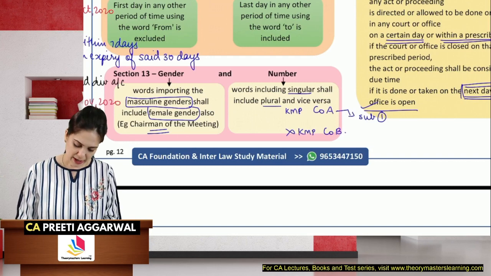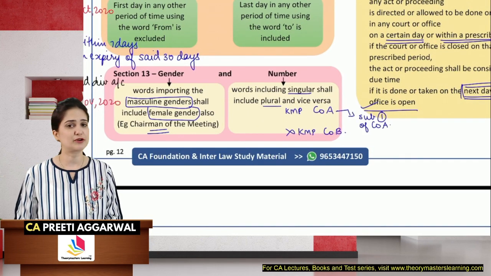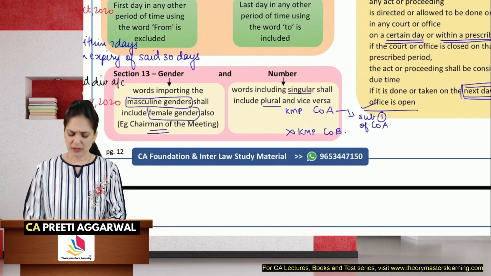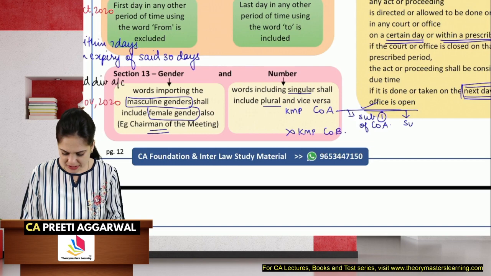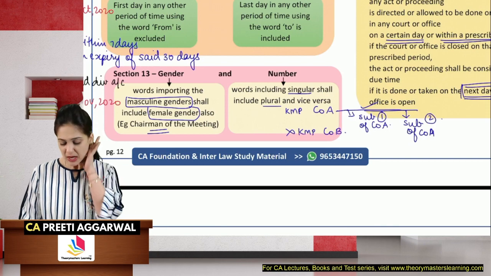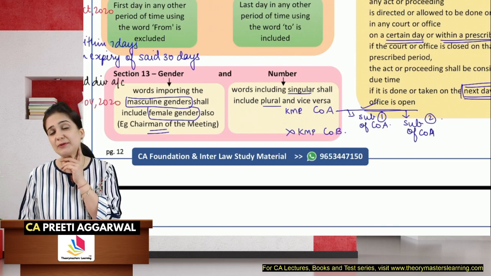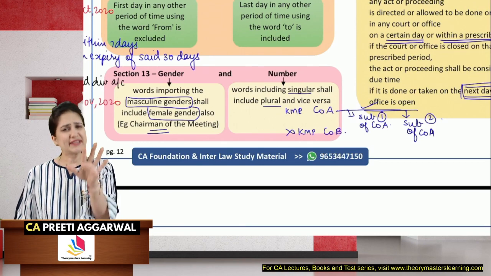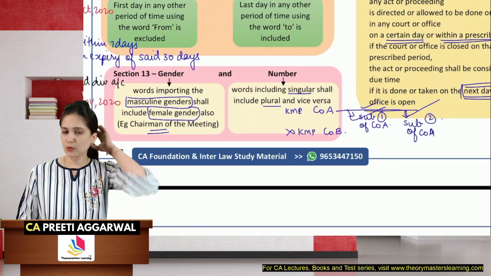No. You can be a KMP in subsidiary of company A. Now later on, the company acquired another subsidiary. This is the second subsidiary. Now can this KMP continue to be a KMP in subsidiary 2 also? Yes, that's fine. Singular includes plural also.